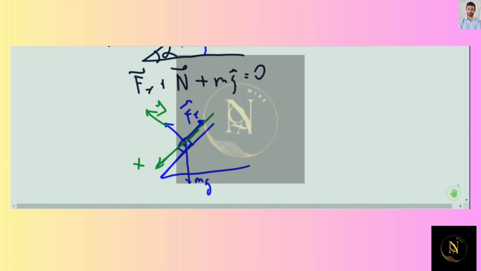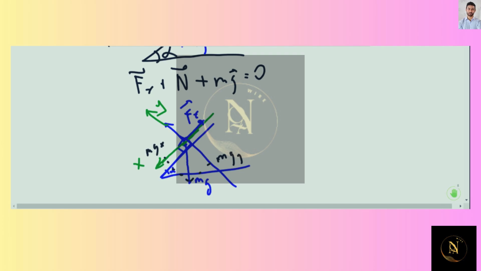So this angle is alpha. So now we have to find two projections of the gravity on the x and y axis. So this is the y projection, mg_y, and this is the x projection, mg_x.